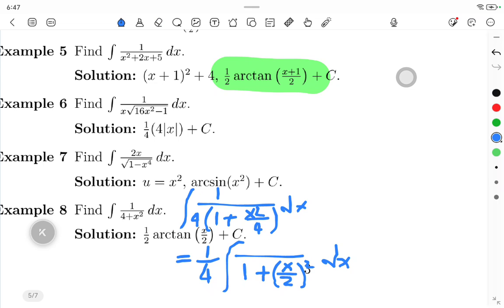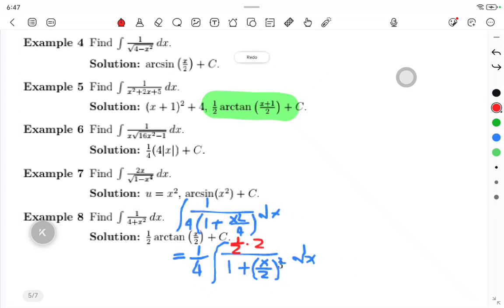It means the one which has x there, you're going to come here and multiply by that constant and its inverse. Now this inverse will come and multiply by 1 over 4. Then we get 1 over 2 outside. And then this will just be arctan of x over 2. I'm sure you see this, right? So this will take you to your solution.